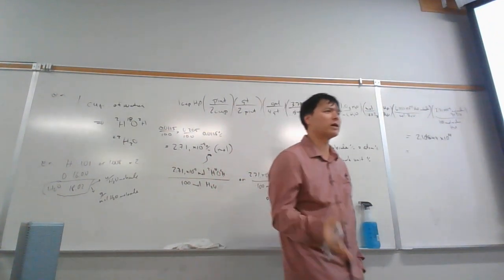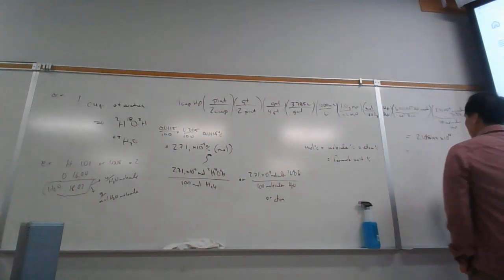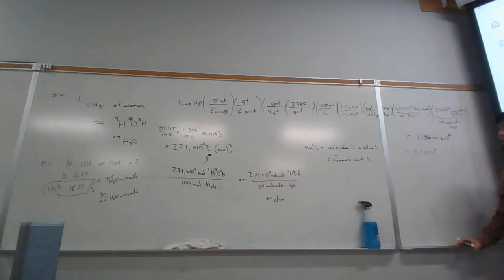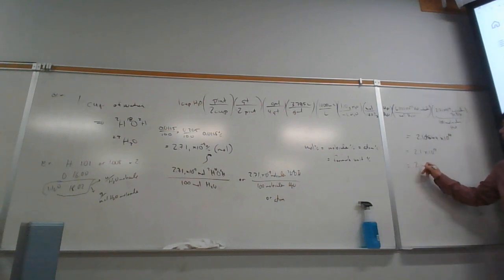Right, so in exactly 1 cup, approximately how many? We'll just round this to 2 sig figs. It's 10 to the 14. So let's see, 10 to the 12 is a trillion, right? So it's 210 times 10 to the 12, and so 210 trillion.